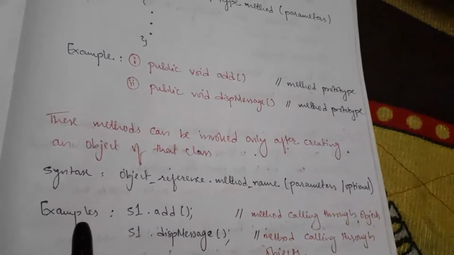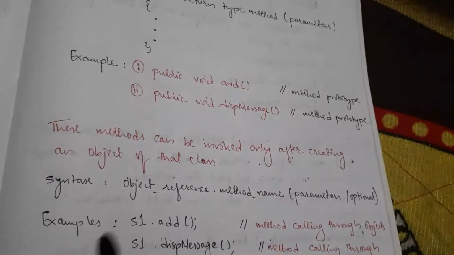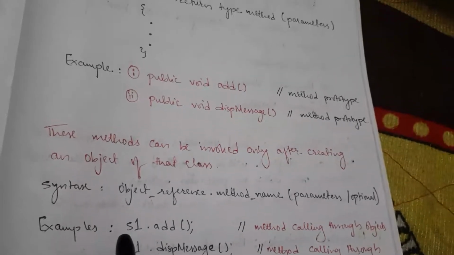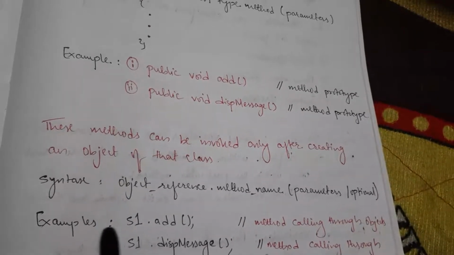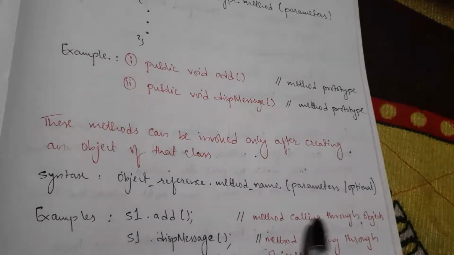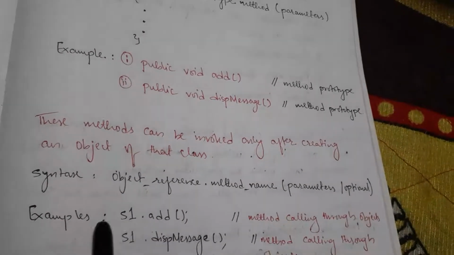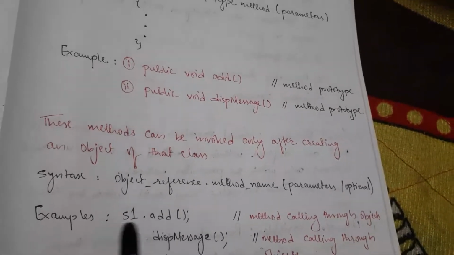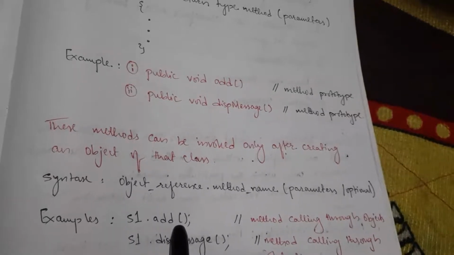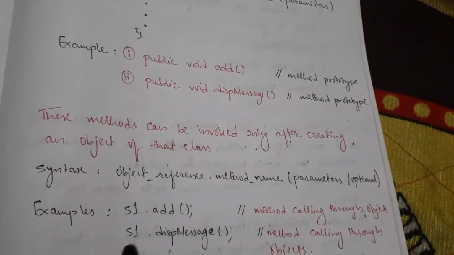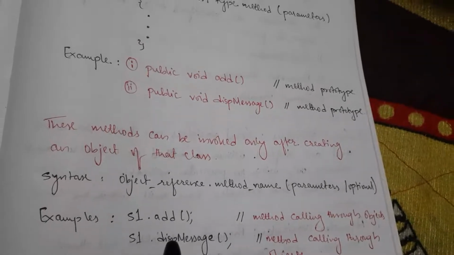Okay, the example after creating and after invoking, how to invoke the method for the non-static method is in this manner: s1.add. Okay, method calling through objects. So the object here is s1 and this is the method, and this is how it has to be called. Okay, by writing this particular portion. And second example is s1.dispMessage.